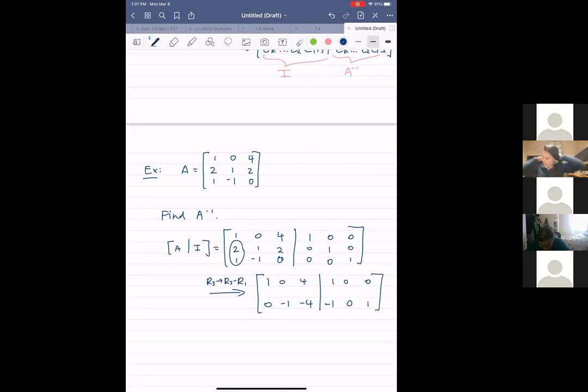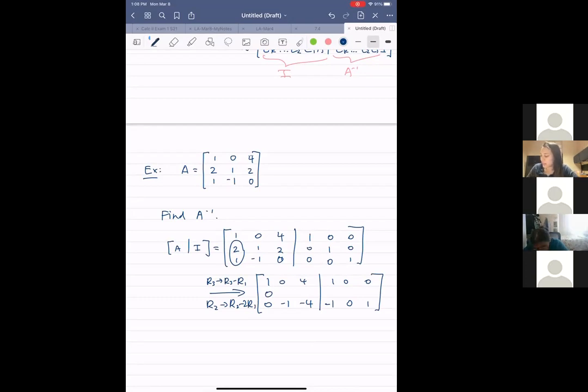Okay. And then at the same time, I know I told you not to do more than one row operation at a time, but I'm cheating just to make this a little bit faster. But we'll take row 2 goes to row 2 minus 2 times row 1. And that will eliminate the 2 in that first column. So we'll get 0 here.